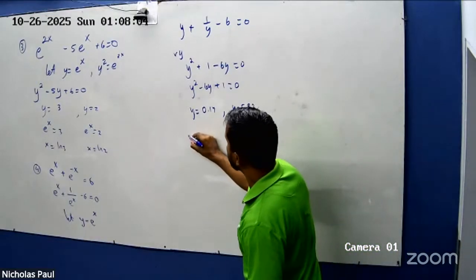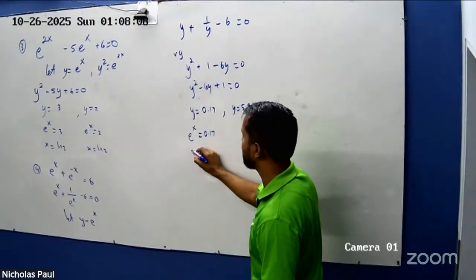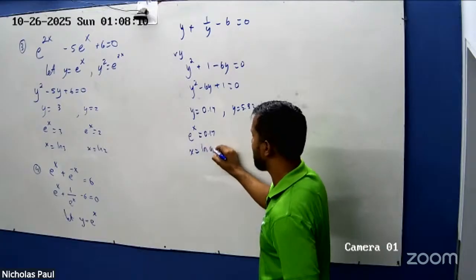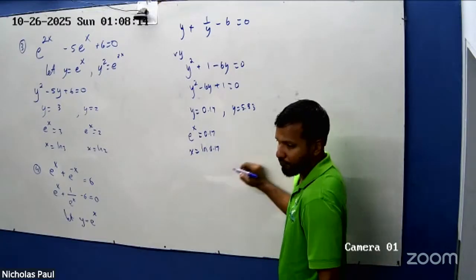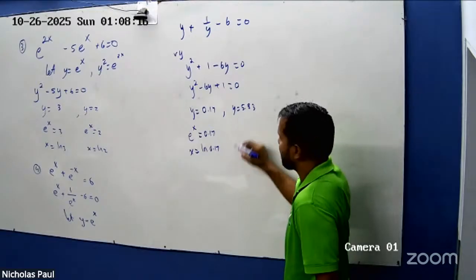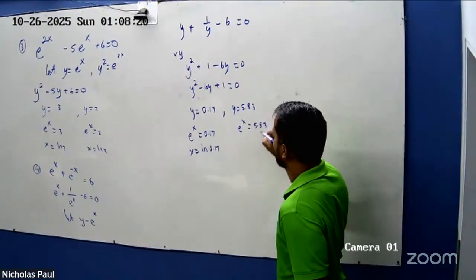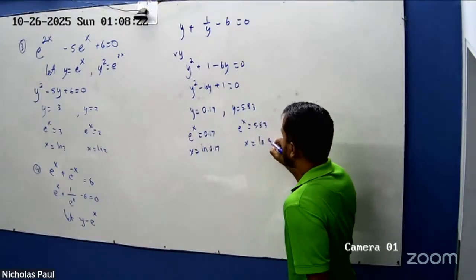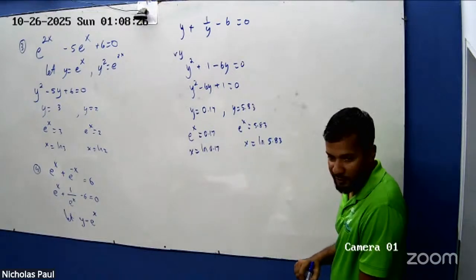Just like the next one. What you said here, e to the x is equal to 0.17. So x is equal to ln 0.17. I'll just leave it. What's ln of 0.17?